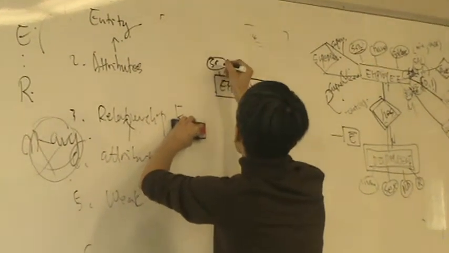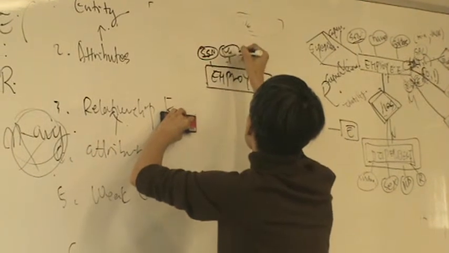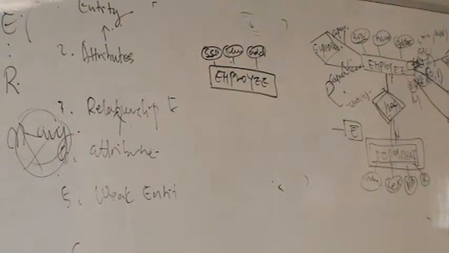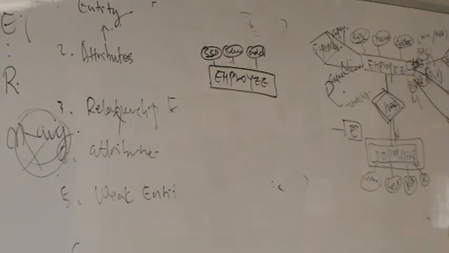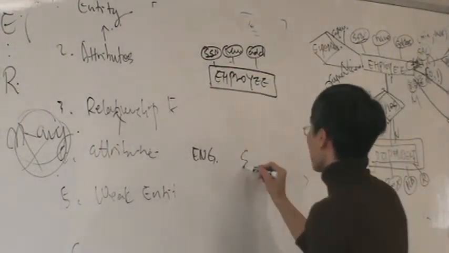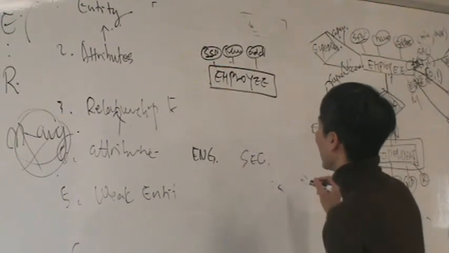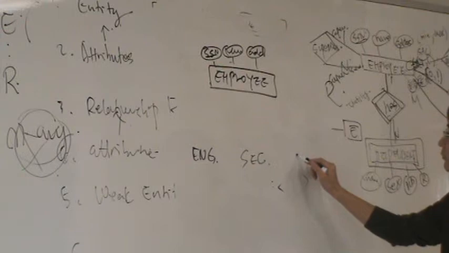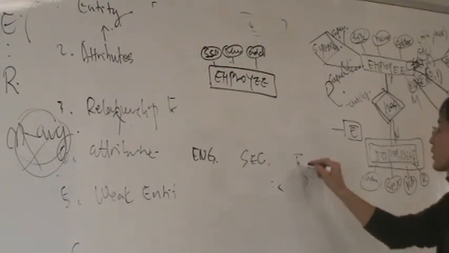So it has information like the social security number, name, and address. Also, by investigating the submitted reports and a bunch of descriptions, I realized there are different types of employees. For example, it has engineer, also it has secretary, and it has technician.